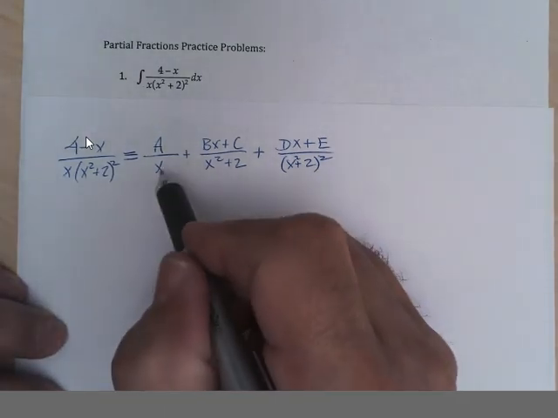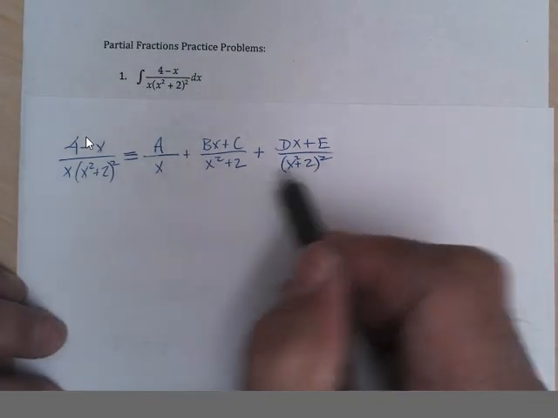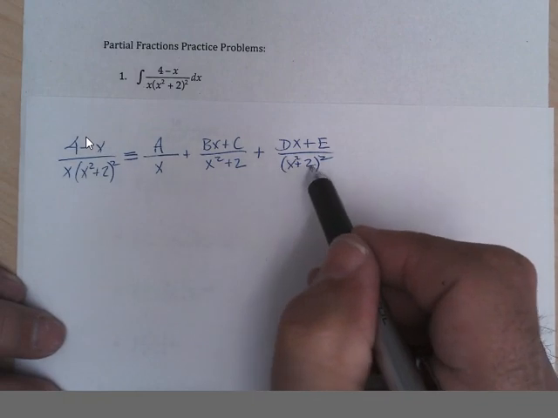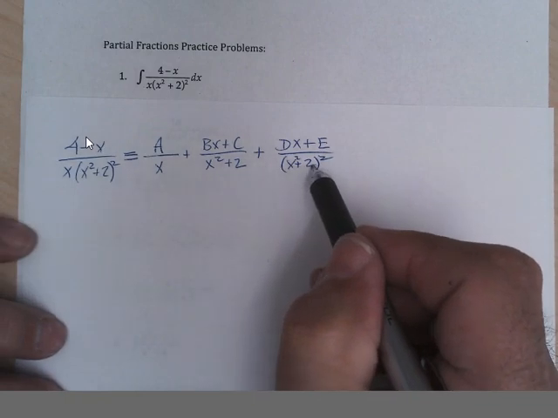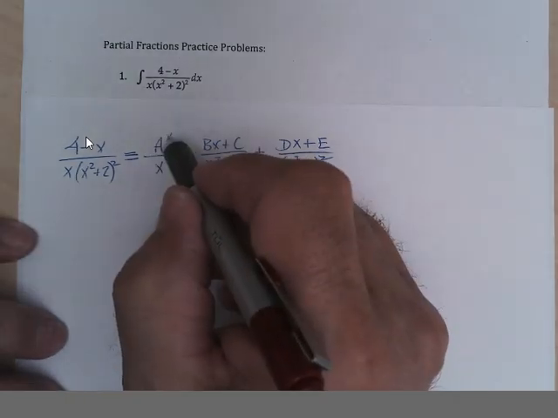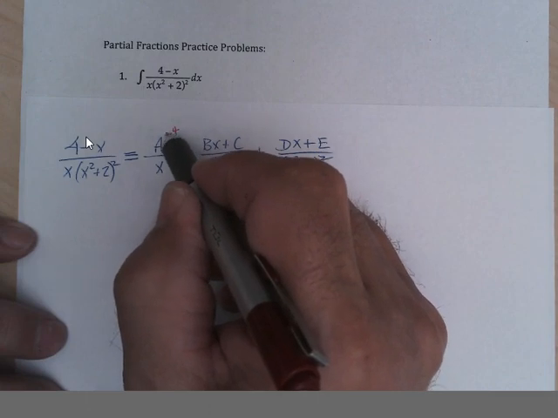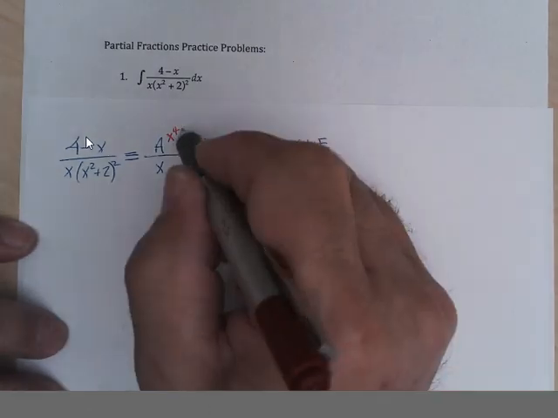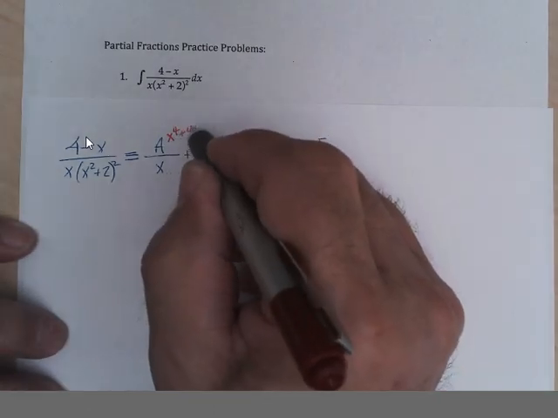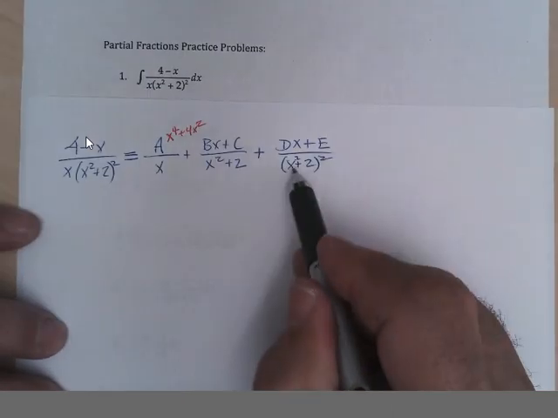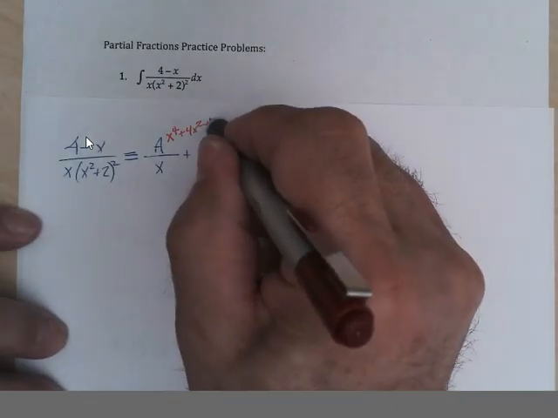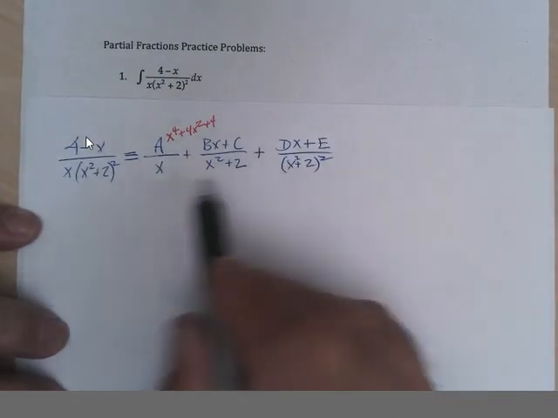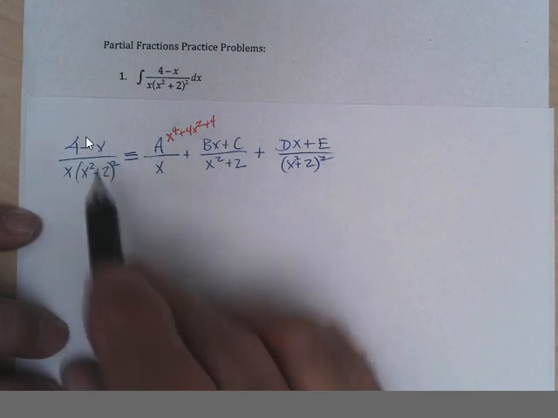So to get a common denominator here, I'm going to need the x squared plus 2 squared, which is going to be x to the 4th plus 4x squared plus 4. That's the x squared plus 2 quantity squared.